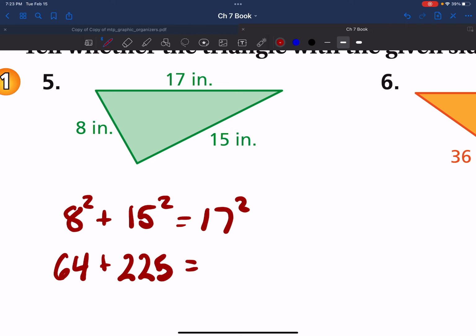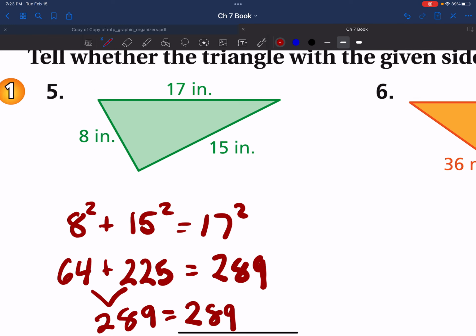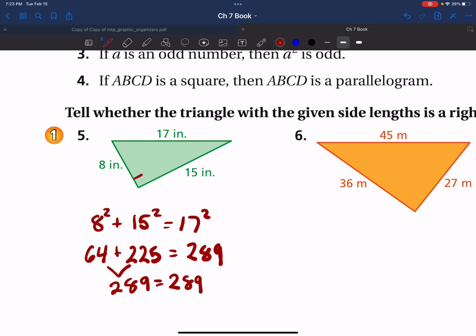And 17 squared, 289. So is 225 plus 64 289? It sure is. 289 is equal to 289, so I would say number 5 is a right triangle. So my answer would be all of this plus the word yes. Right triangle.